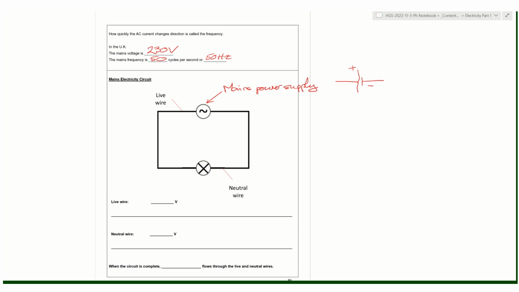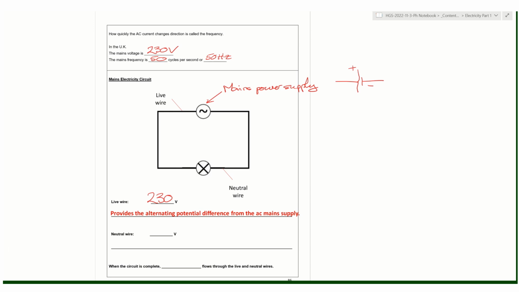So the live wire's job is to provide the alternating potential difference from the power supply. So this live wire is at 230 volts. That's the job of the live wire.